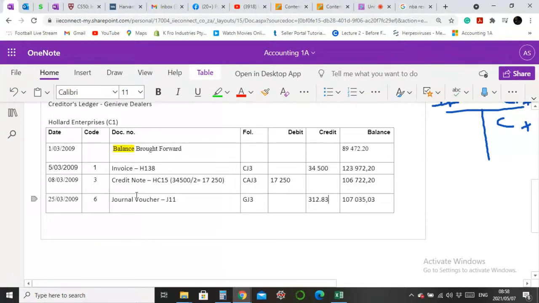So let's get some context here. Are we dealing with our creditor or debtor? We're dealing with our creditor. So this can never be interest income, because here our creditor would never be charging themselves interest income.